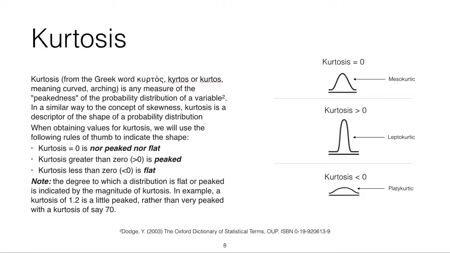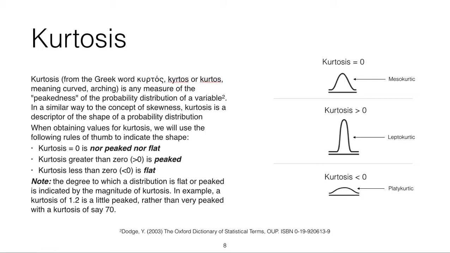Moving on, kurtosis. Kurtosis is talking about how peaked or how flat your distribution is. So with kurtosis equal to 0, you have a distribution that is neither peaked nor flat. It would be called more normal, and it would be a normal distribution if we also had skewness equal to 0 and other metrics that would make it a normal distribution.